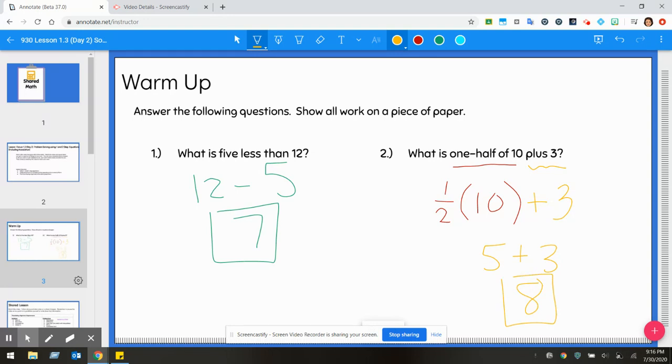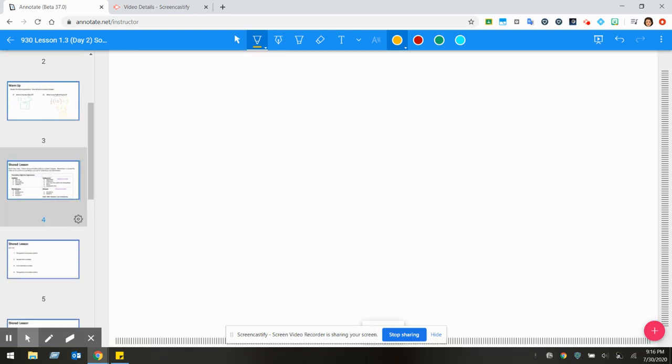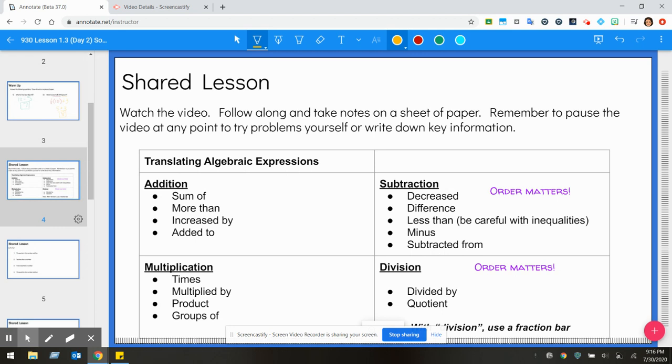So this is just practicing translating words into algebraic expressions. So for today's lesson, a lot of our problems are going to be written as words, and we have to go ahead and make our equation from those words.